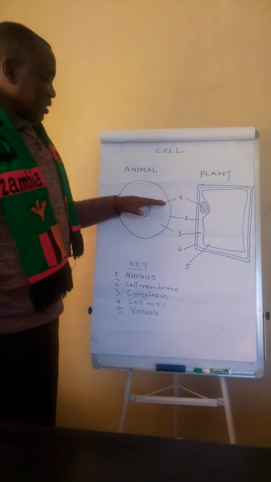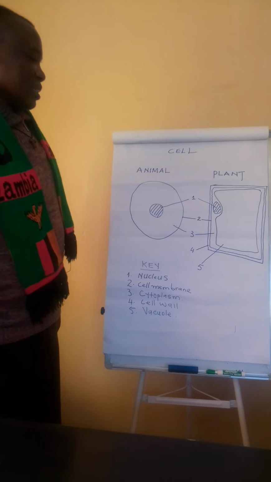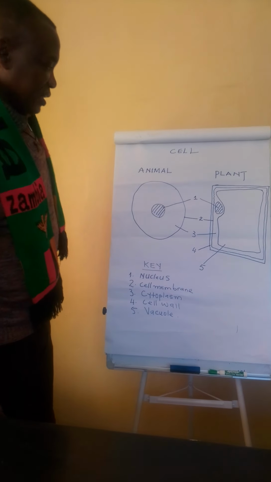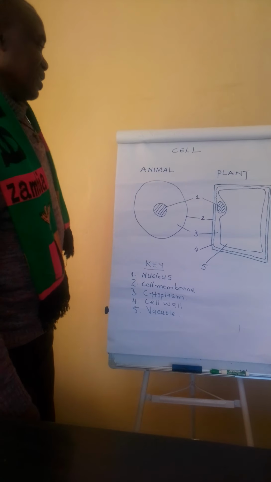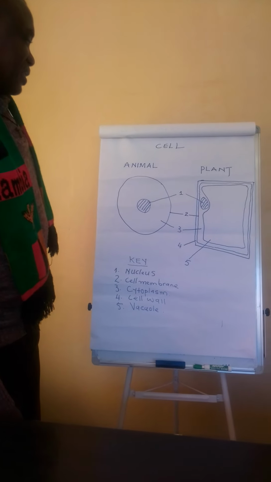Whereas in the animal cell, normally you have temporary vacuoles which are not normally seen. They are only seen when they perform a specific function. Okay? And that is the third difference, I think.